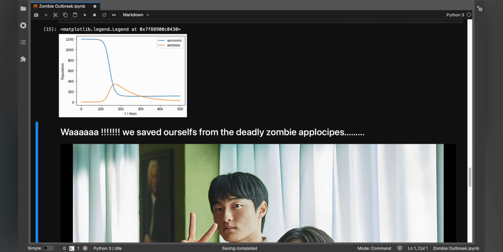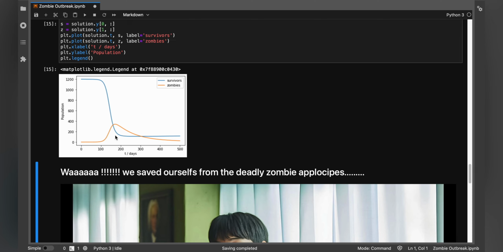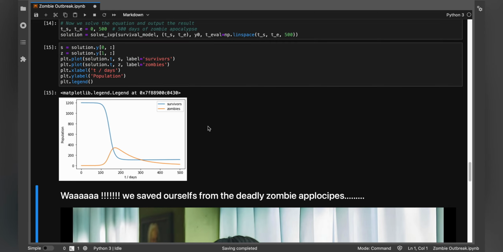So in this graph you can see that after about 130 days the curve was almost the same, but after 300 days the population of humans rises and is greater than the population of zombies. The zombies have died at about 500 days, they are 0, and only humans have survived with a population of about 200.